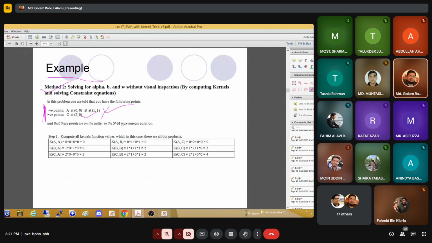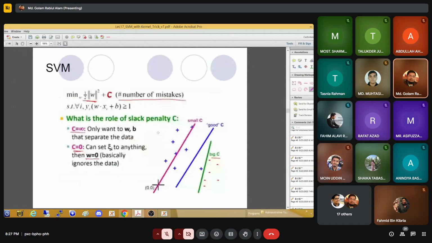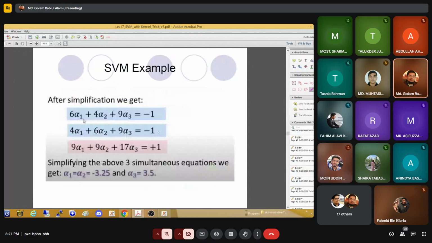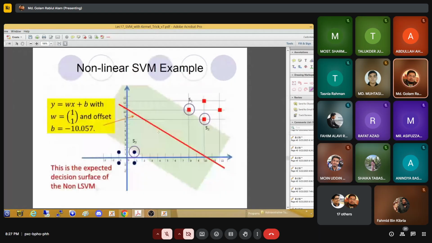The same method we have to apply here. Finally you will get this hyperplane, considering the support vectors, these 2 and this 1, where you will find that the value of W is 1, 1 and b is negative 10.057. So you will find these values.